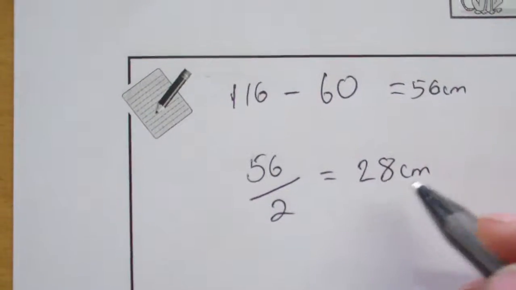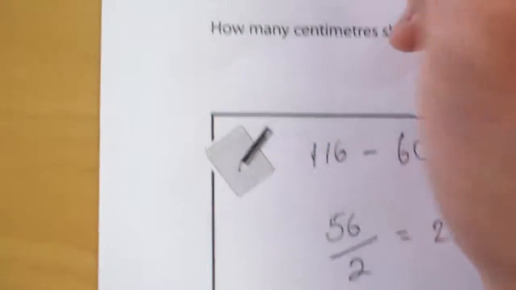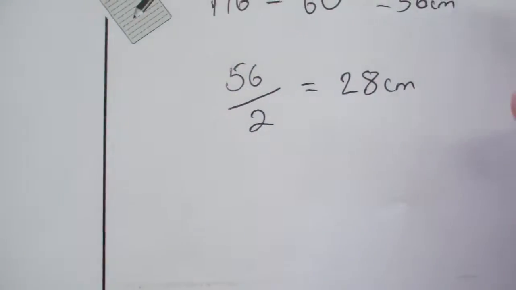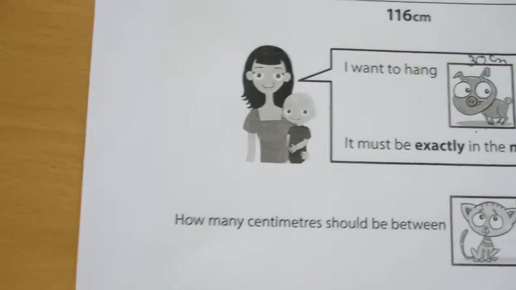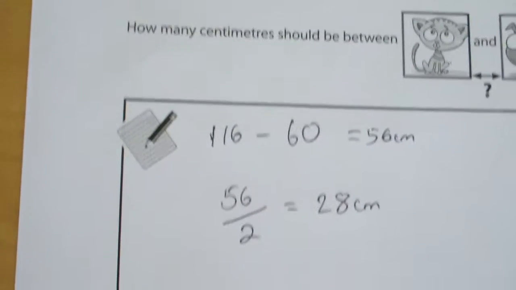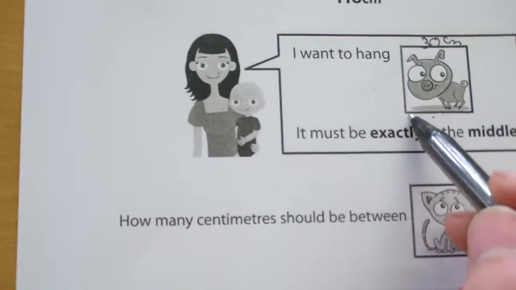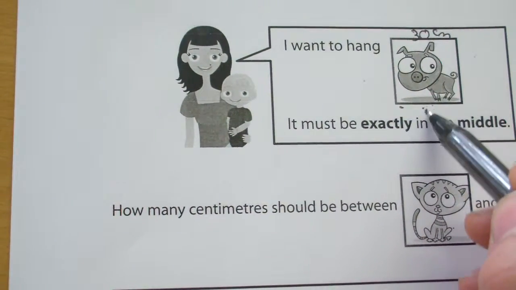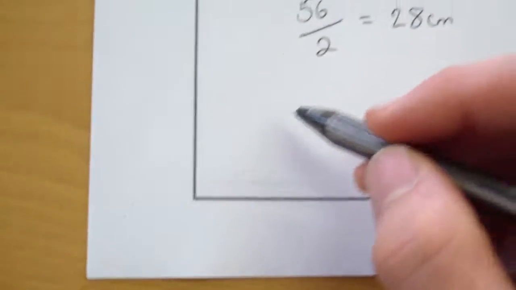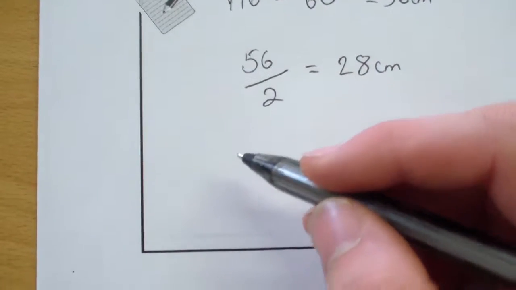So we've got a 28 centimeter gap between now the middle of the pig picture and the end of the cat picture. So we need to find the end of the pig picture. So at the moment we've gone to the middle. So I'm going to just put a little sentence in here to make it clear what I'm doing.